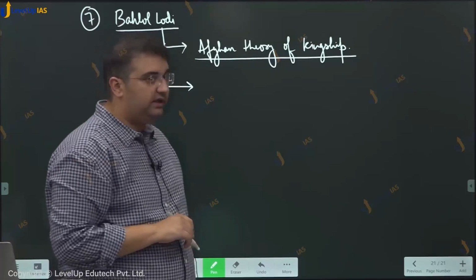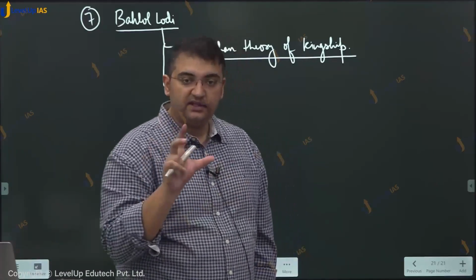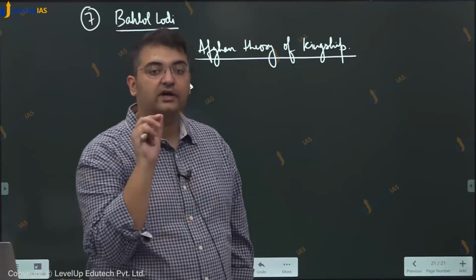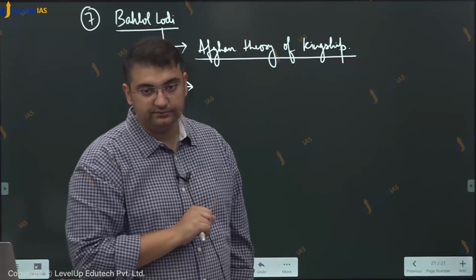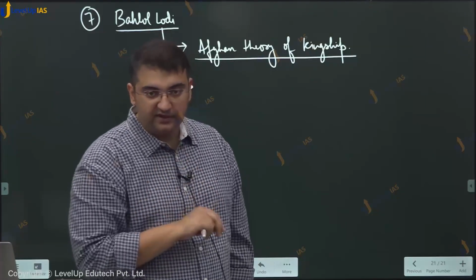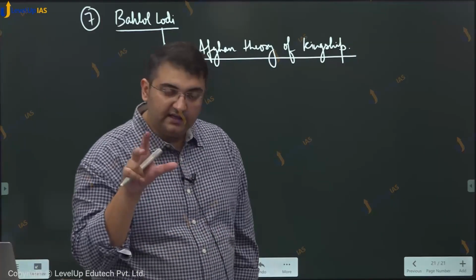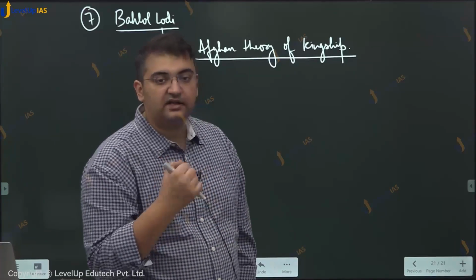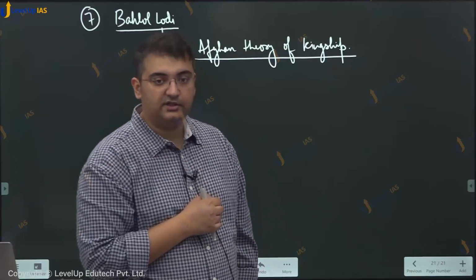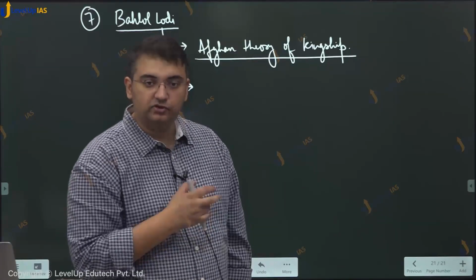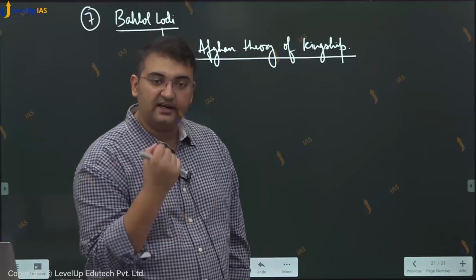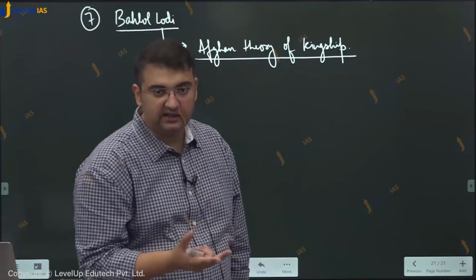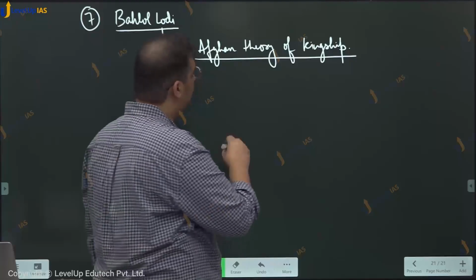Is Bahlol Lodi going to appoint and transfer Iqtadars frequently, or is he going to assign hereditary Iqtas to the important Afghan nobles? क्या करेगा? Frequent transfers या फिर hereditary Iqtas? ट्रांसफर किस तरह का सुल्तान फ्रीक्वेंटली कर सकता है इंपॉर्टेंट ऑफिशियल्स को? स्ट्रॉन्ग सुल्तान या वीक सुल्तान? स्ट्रॉन्ग सुल्तान, a sultan who wants to centralize administration. Did Bahlol Lodi want to centralize administration? नहीं, decentralize. तो ये क्या करेगा यहां पर?